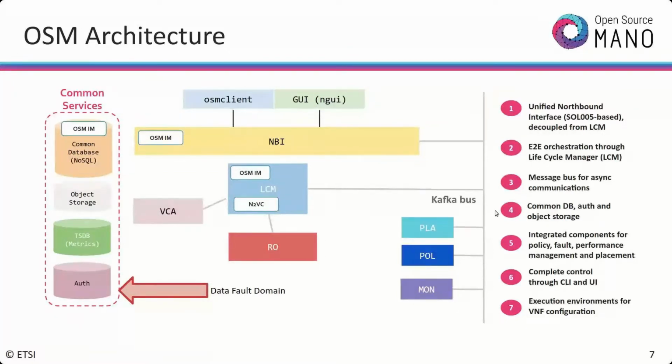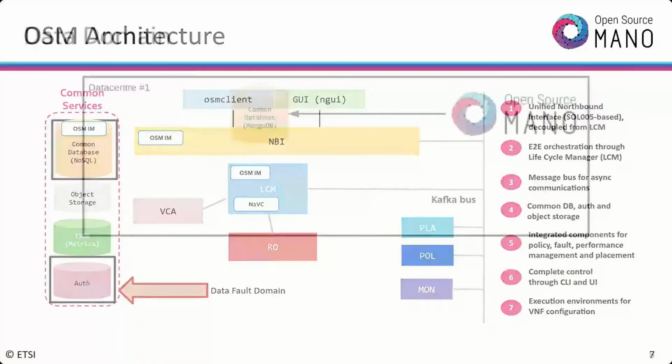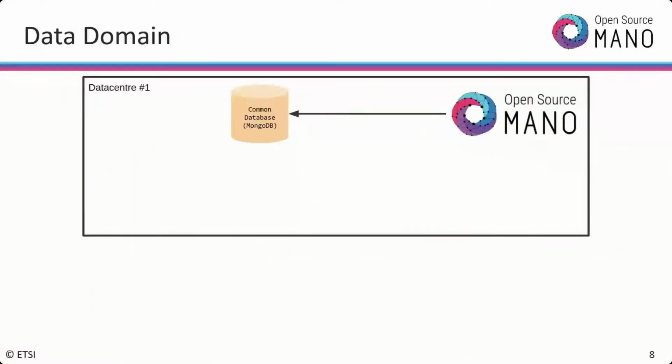So let's take a look at some of what can happen here with the databases and how we can protect them. We have a very simplistic default deployment. We've got OSM software running, and we've got a single MongoDB database.